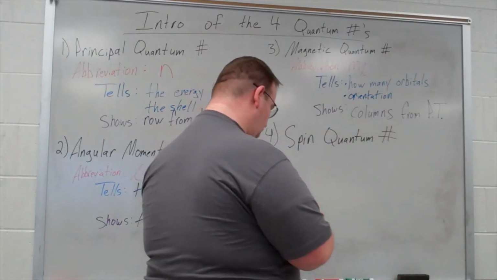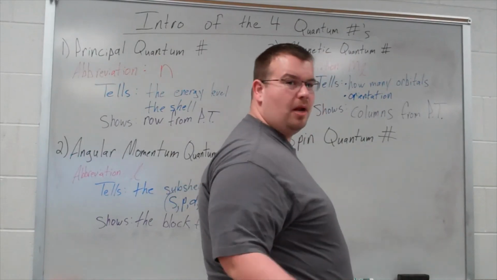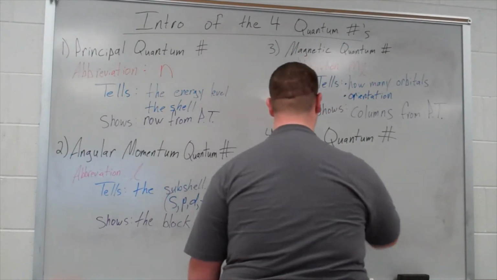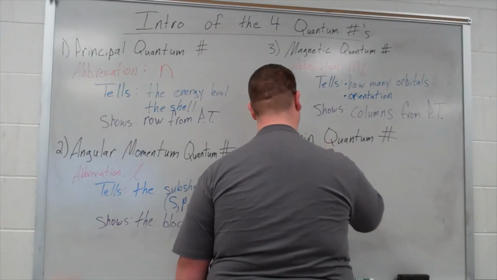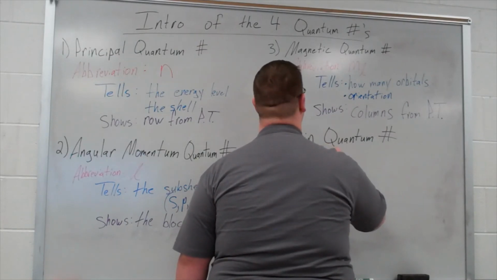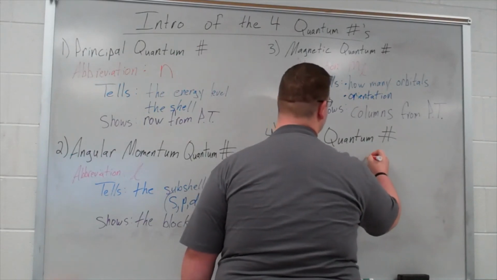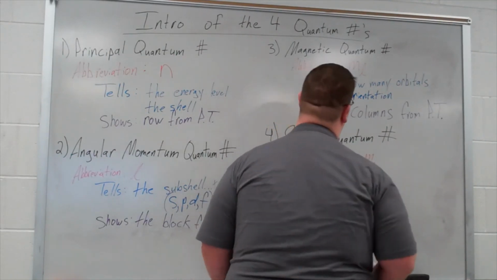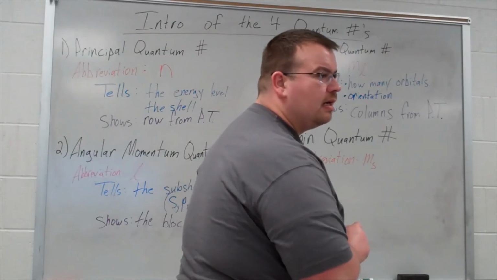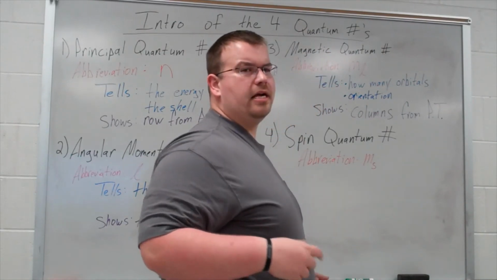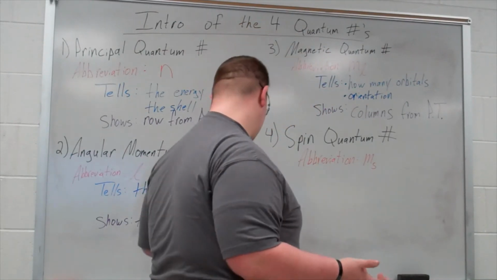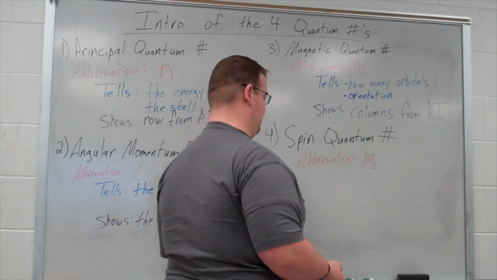So our spin quantum number, you guys see the abbreviation in case you don't remember it. The abbreviation is M sub S. Here's the important thing of what it will tell us.